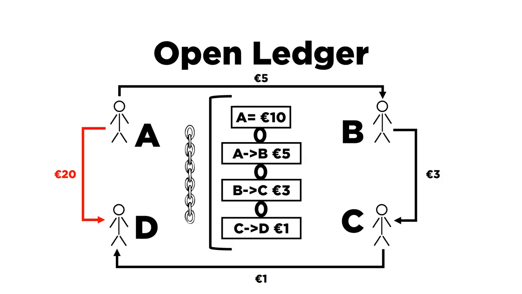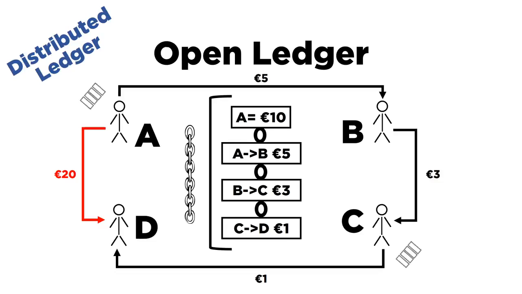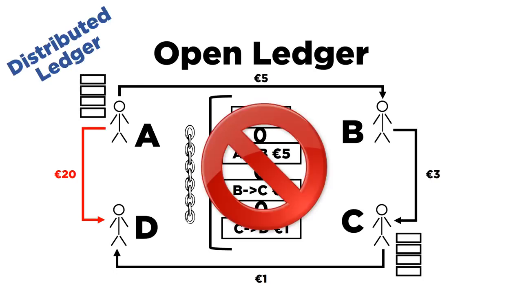The second principle of blockchain is decentralization. Right now, this open ledger seems centralized. To change this, blockchain provides a distributed ledger. It takes the centralized open ledger and distributes it. So anyone in the network can have the copy of the ledger, and this eliminates the need for a centralized trusted entity.